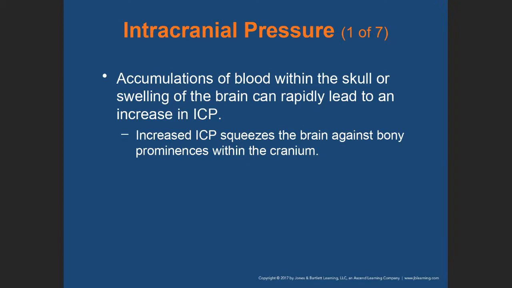So the brain can actually start to herniate. That's very bad, because that pressure will severely affect cerebral perfusion pressure. That's the pressure needed to keep the brain cell perfused. So it's not a good compensating mechanism.